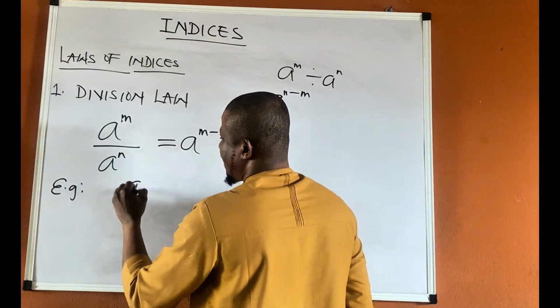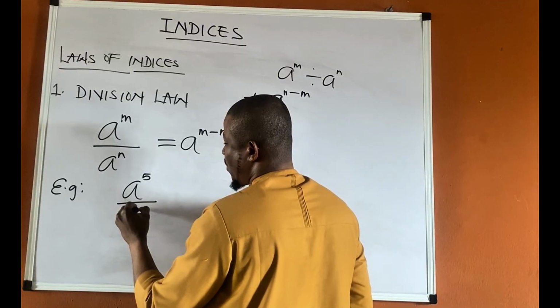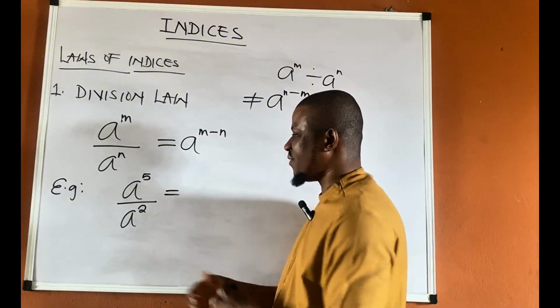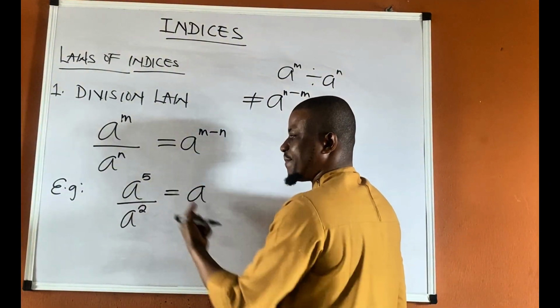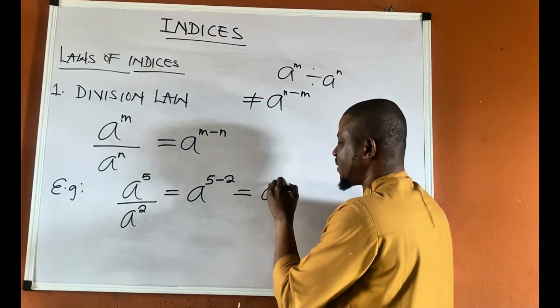If I have a to power 5 divided by a to power 2, according to the law of indices, we said take one of the base, subtract the powers, 5 minus 2, and this gives you a to the power of 3.